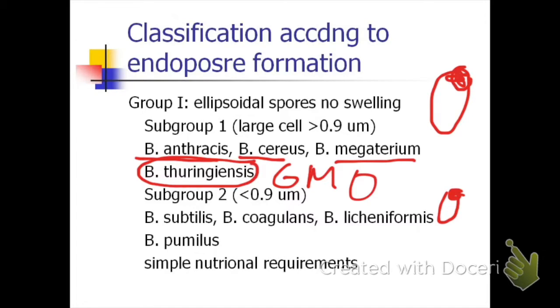The plasmids of certain genes that contain the desired trait you want a certain plant or organism to have would be incorporated in Bacillus thuringiensis. So it serves as a vector. There you can have a corn that is very yellow, very large. So there you have what you call BT corn.